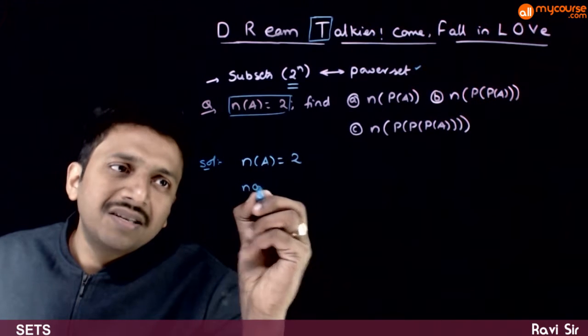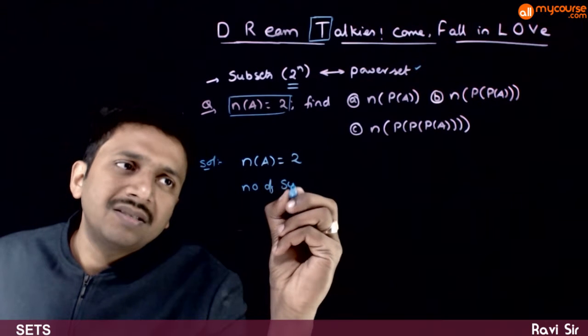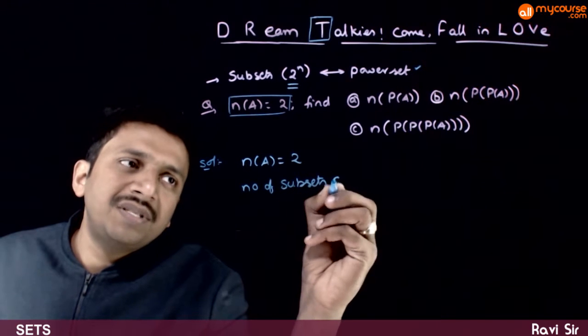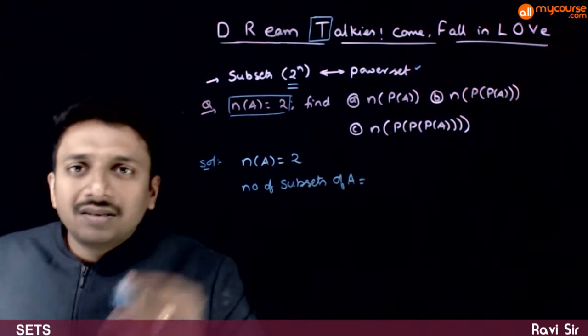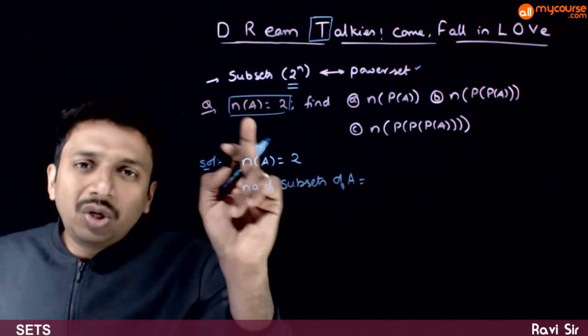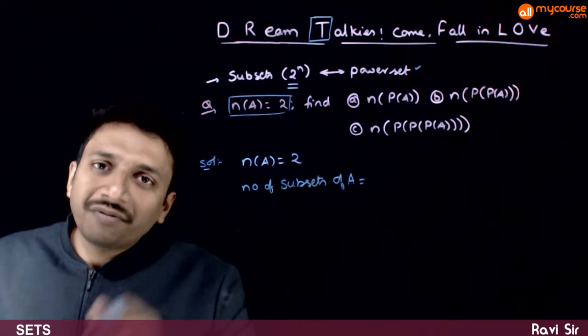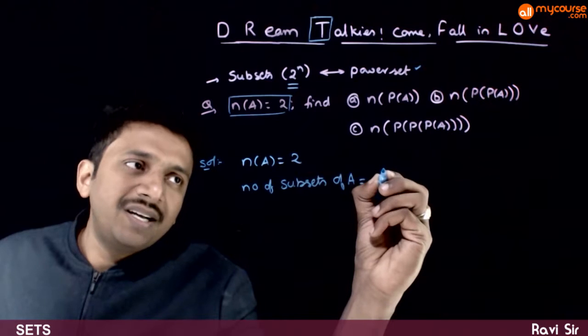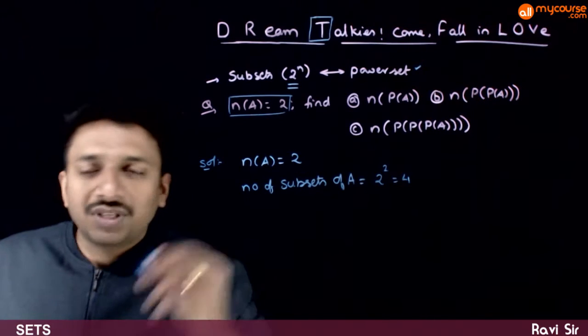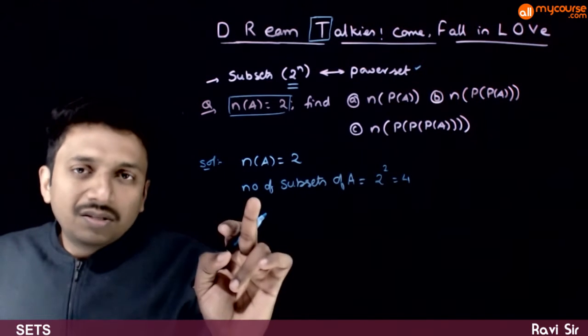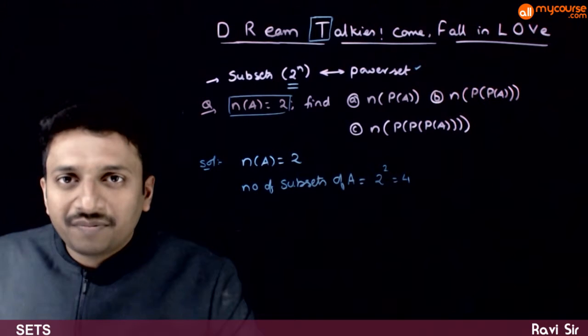So what is the number of subsets of A? A contains 2 elements, so how many subsets of A are there? By the formula it is 2 square, that is equal to 4 subsets. So you have 4 subsets of A.